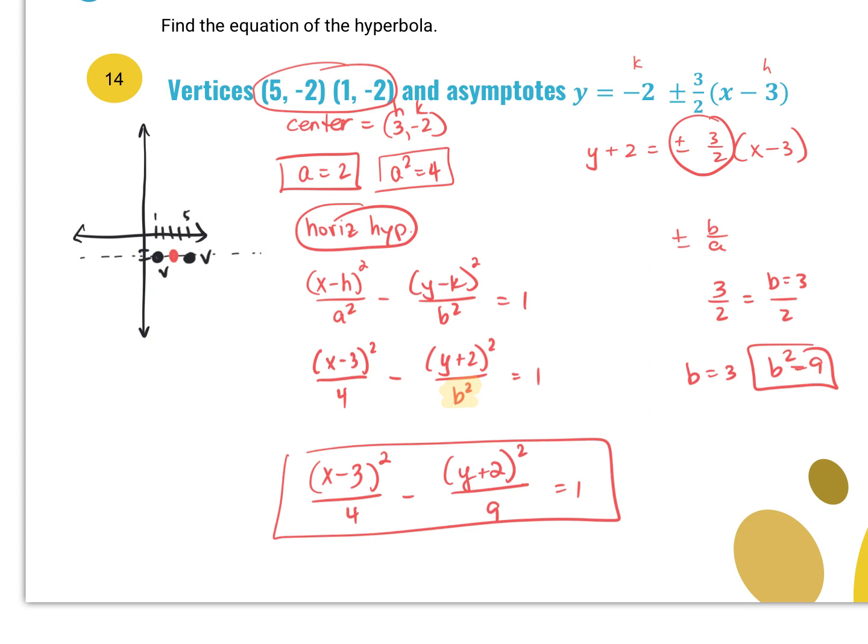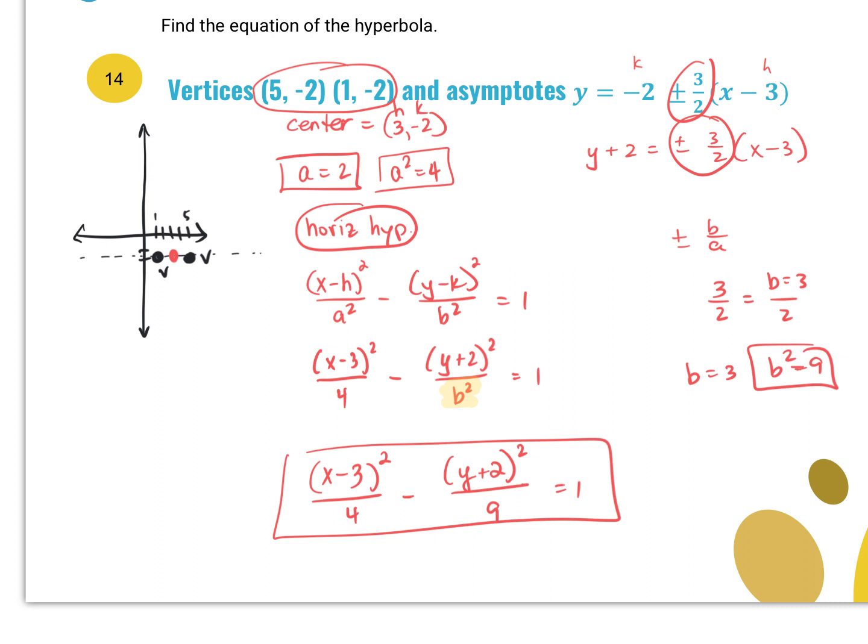So again, you have to understand it to be able to figure out what to take from it. You have to know how to use the asymptote formula to identify your slope. It's either going to be your actual slope or a simplified version, like a ratio of your slope. And again, you've got to be very careful with that.